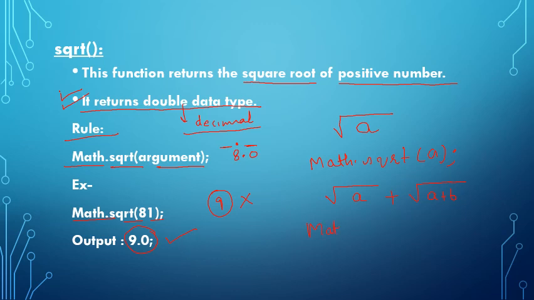Math dot sqrt of a plus Math dot sqrt of a plus b, and after that you put a semicolon, because in Java every statement is terminated with a semicolon. Semicolon is known as a statement terminator.